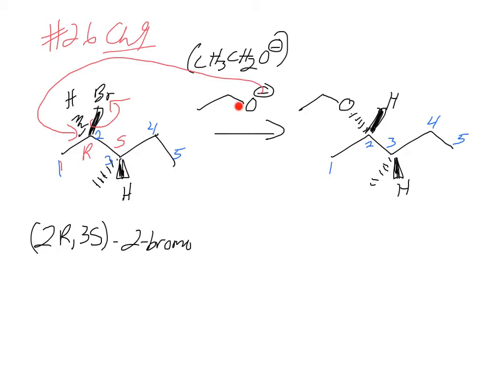They really want to break this carbon-oxygen bond and make this an OH. Don't do that. The electrons are what's attacking. This is not part of the mechanism. If there are no arrows there, don't change anything, just like this carbon is not involved. So what was R is now S, and this stays S.